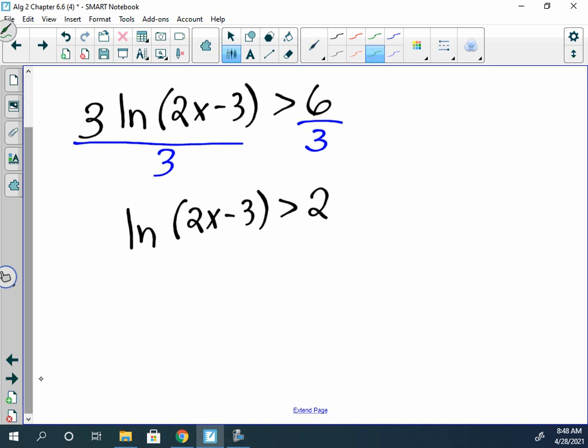Now what would we do next? We would put e as a base. I find the wording of it kind of hard to say, but we're putting both sides to the base of e, because e to the ln does simplify, leaving us with 2x minus 3.